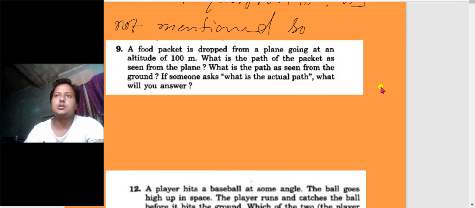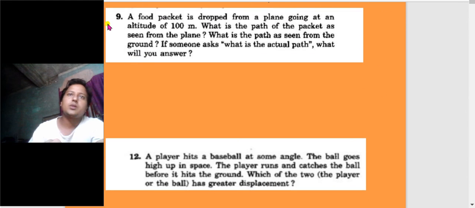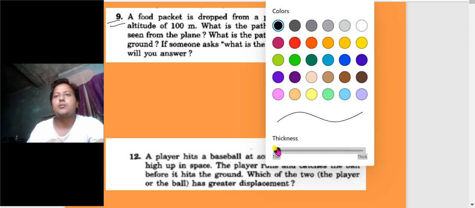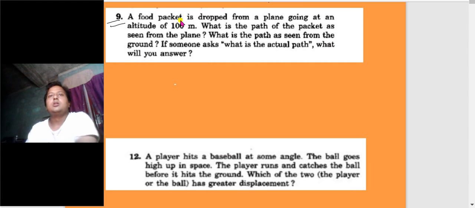Now in question number 9, it mentions a food packet dropped from a plane going at an altitude. What is the path of the packet as seen from the plane? What is the path as seen from the ground?